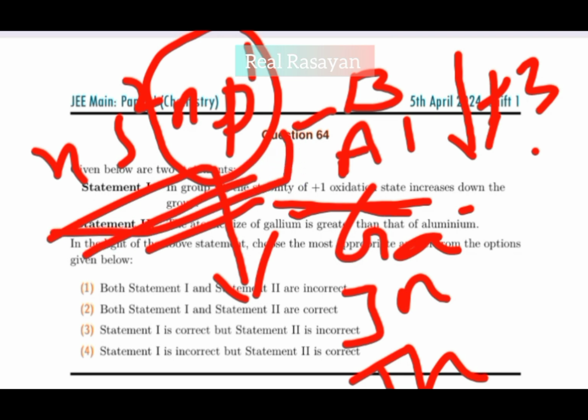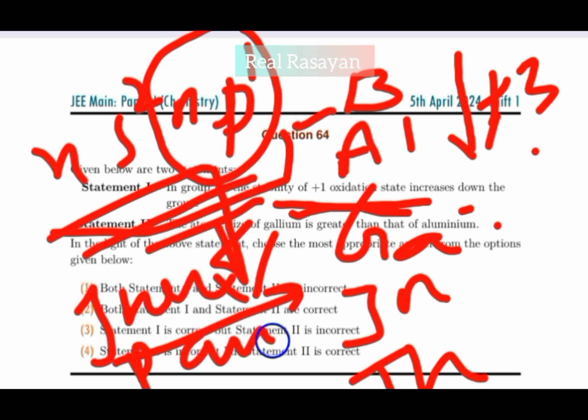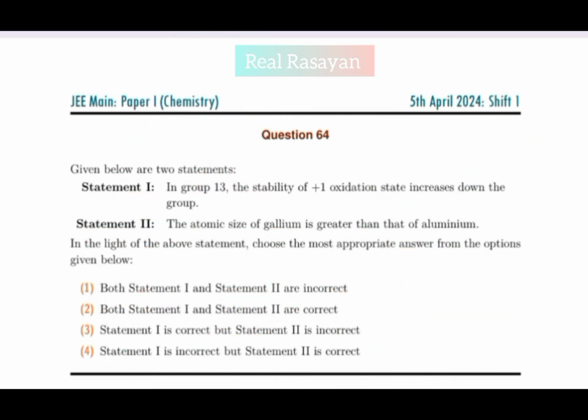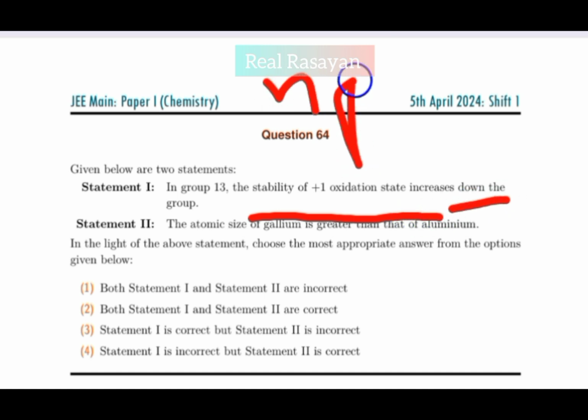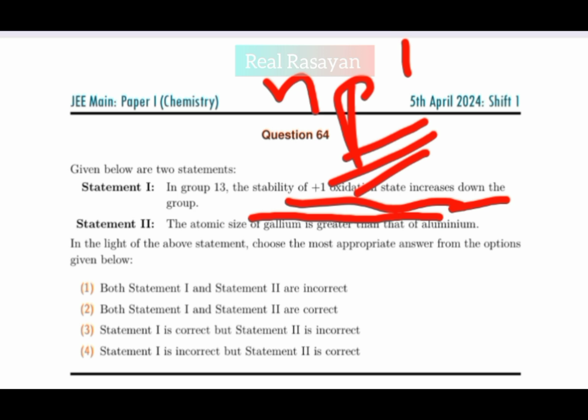It is just because down the group inert pair effect operates, in which s electrons are less likely to participate in the bonding. So the first statement is stability of +1 oxidation state increases down the group. So only np1 electron is easily available to lose by the atoms of the group.